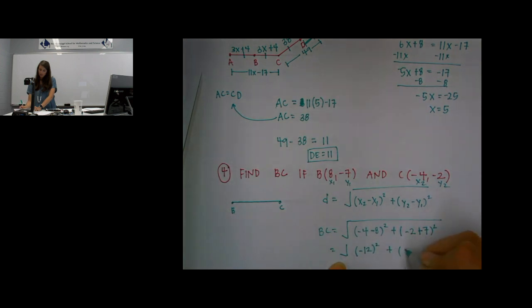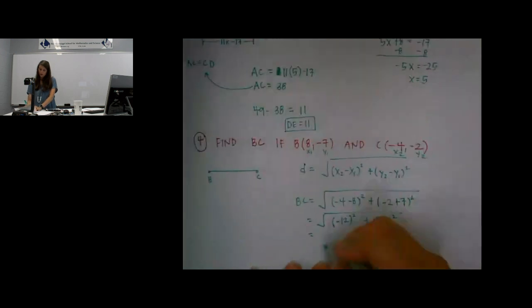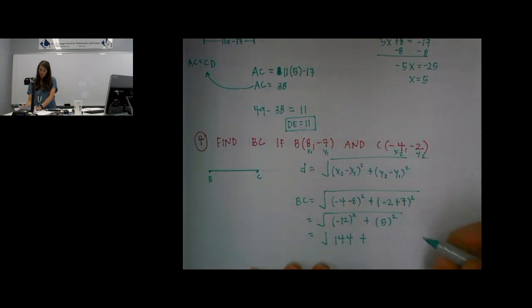Negative 2 plus 7 is 5 squared. So negative 12 squared is 144 plus 25. So this is the square root of 169, which is 13. So the distance BC is going to be equal to 13.